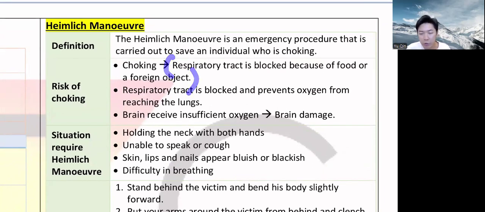You can copy this down straight away. Okay, good.